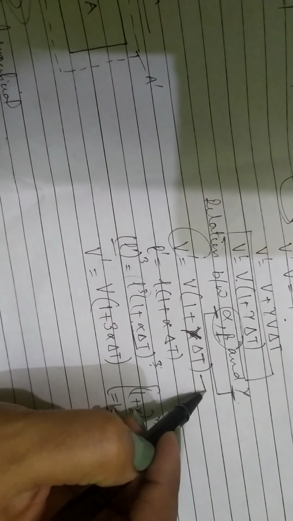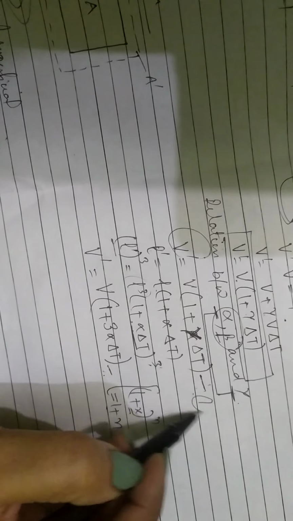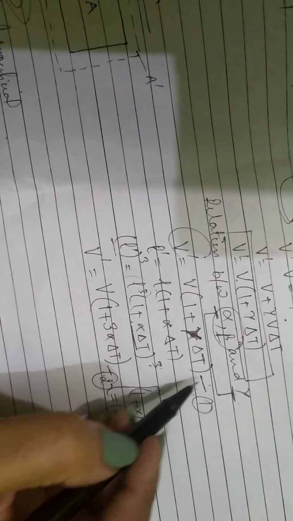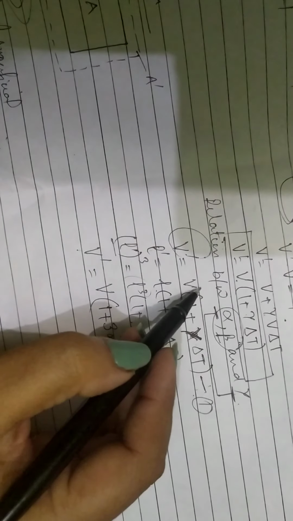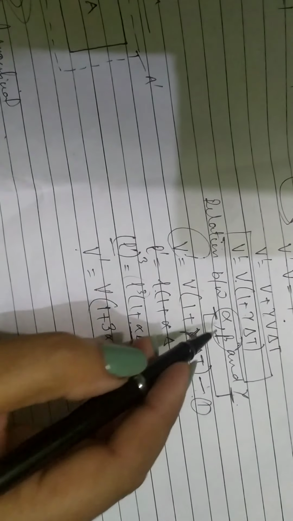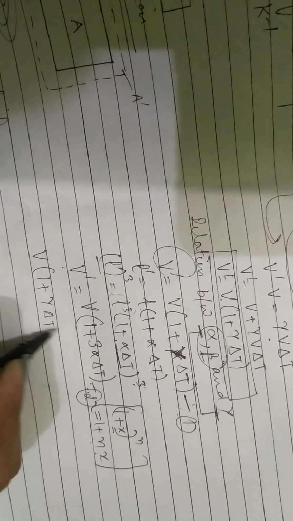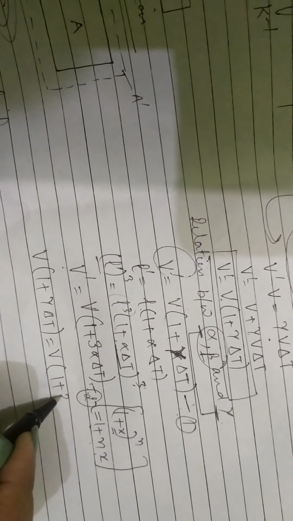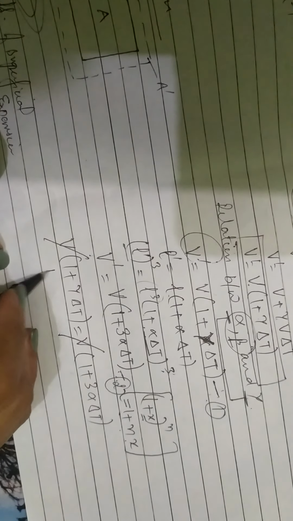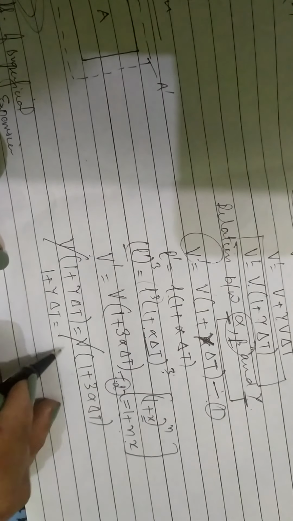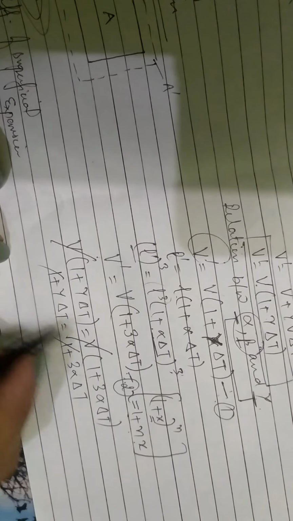Now comparing these two equations, say equation number 1 and equation number 2. When we compare, V dash is the same, V and V get cancelled. It will be V into 1 plus gamma delta T equal to V into 1 plus 3 alpha delta T. So V and V get cancelled, and you get 1 plus gamma delta T equal to 1 plus 3 alpha delta T. So 1 and 1 get cancelled.